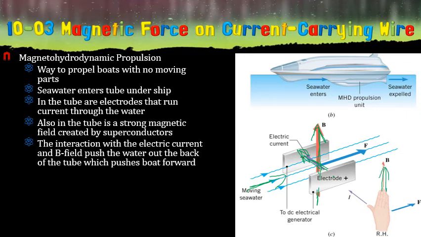So we have magnetic field, current, palm points the direction of the force. And so that's the force on the current. So that pushes the water, allowing the current to flow, so it actually pushes the water back towards the back of the boat. Newton's third law then pushes the boat forward.